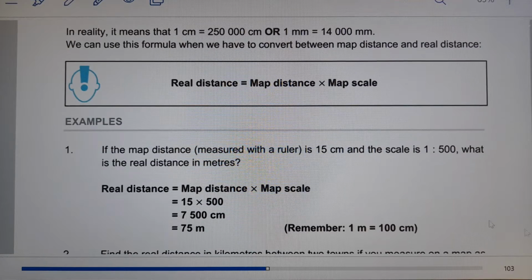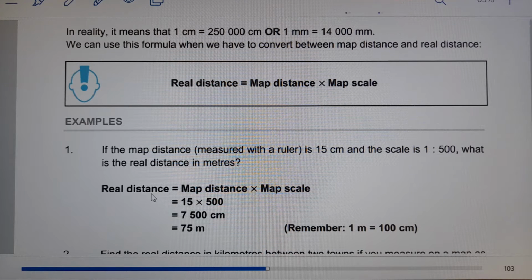Okay. So they say that if the map distance is measured 15 centimeter and the scale is 1 is to 500, what is the real distance in meters? Formula: real distance is map distance times map scale. We know our map scale is 500 and map distance they gave us here, it's 15 centimeter.